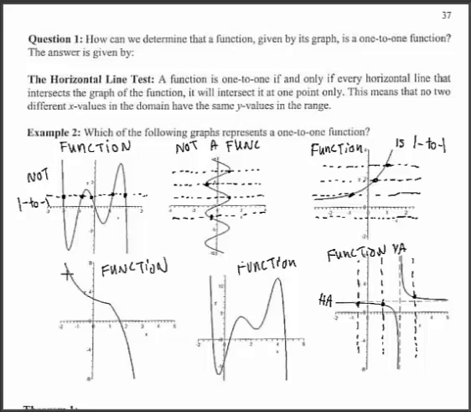And so we'll simply run through the rest of these. This one is pretty obvious. Just draw a few horizontal lines through here, and each of the ones that I've drawn only hits the curve once. So this one is one to one.